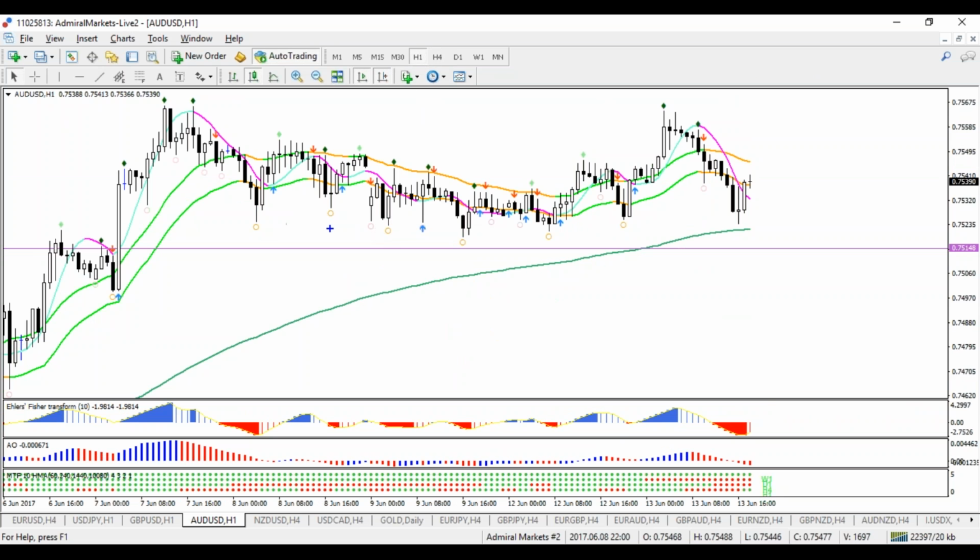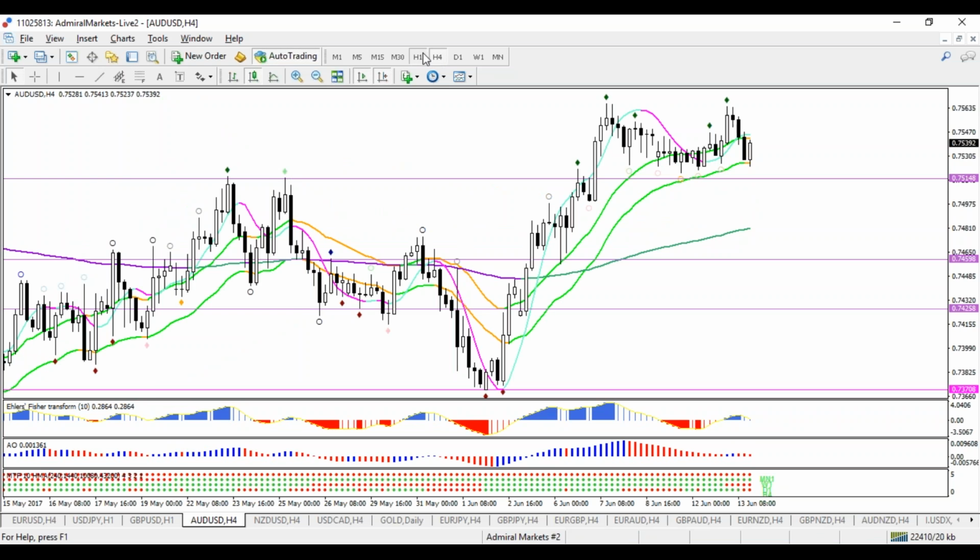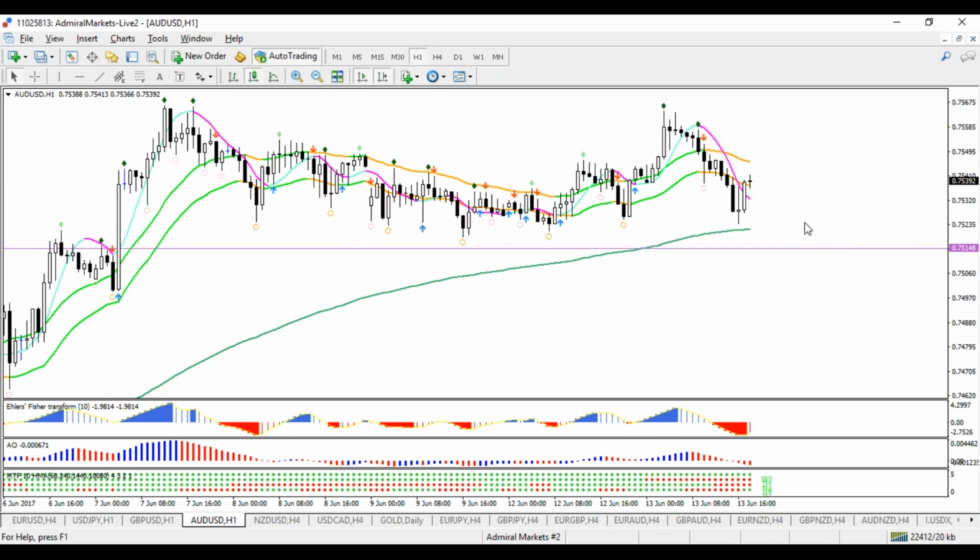We got some strong support levels on the left here as well. Just thinking what kind of trigger I would like to see.